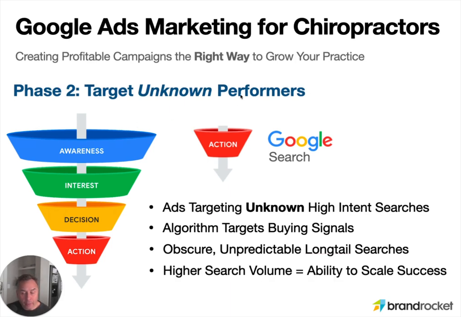All right. Phase 2, now we target the unknown performers. And so many times I have created these campaigns. We've been training the algorithm. We launch another campaign type. So this is where we're talking about like maximize conversions. We also have target CPA that was used to hold maximize conversions in check, hold it to a performance standard, because we're using broad match keywords at this point.